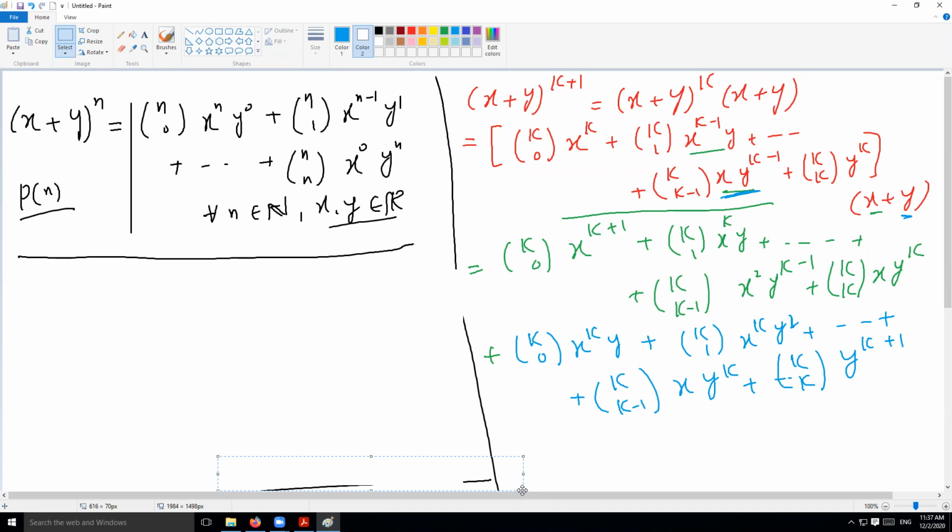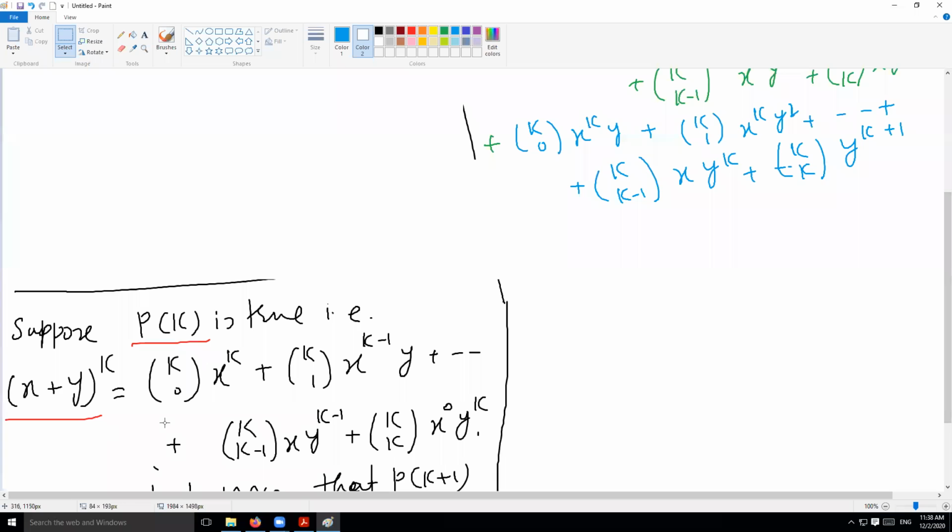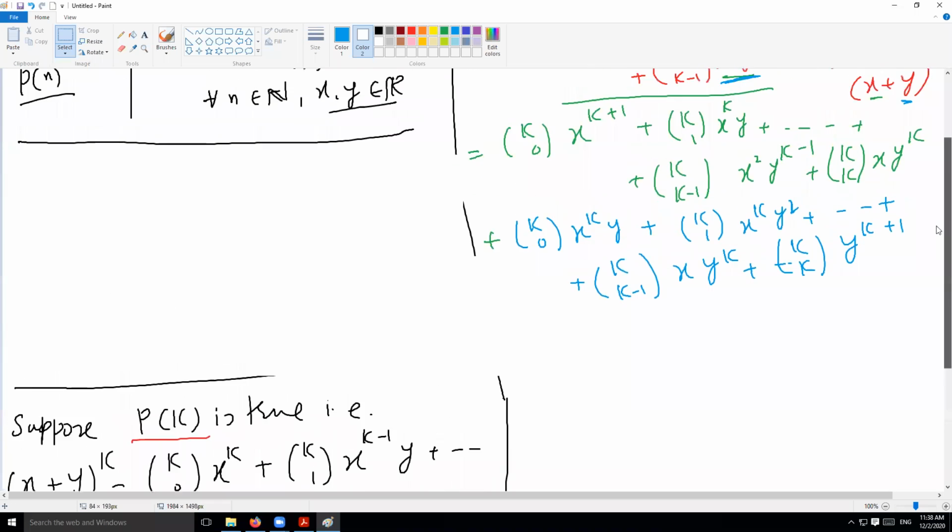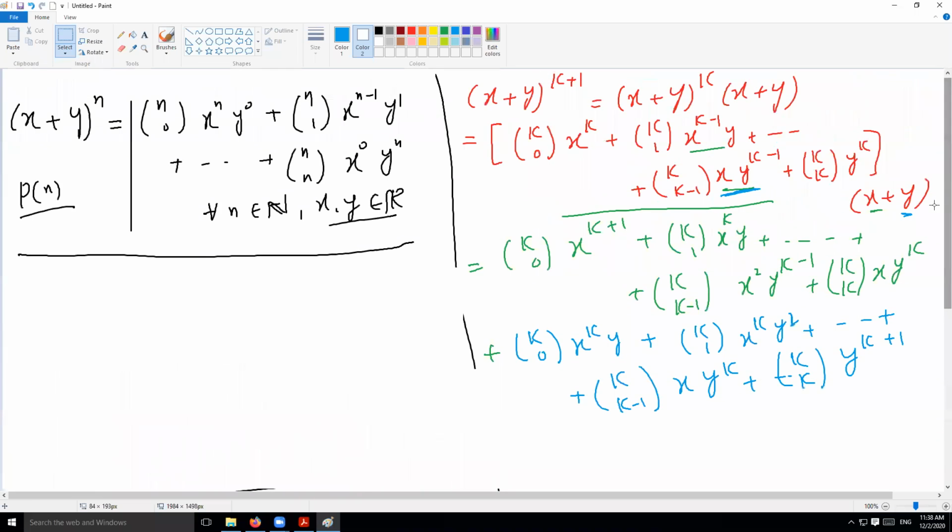Sir, can we separate P of k now? Can we separate P of k? It is already separated, right? Yes sir. So having separated it, we substituted the value, P of k has been used. So we have used P of k, because when I substituted (x+y)^k replaced by this, I have used P of k. So then what should be the next thing?